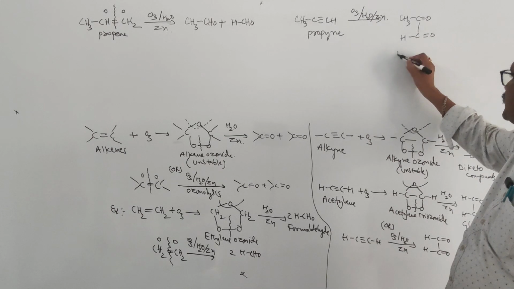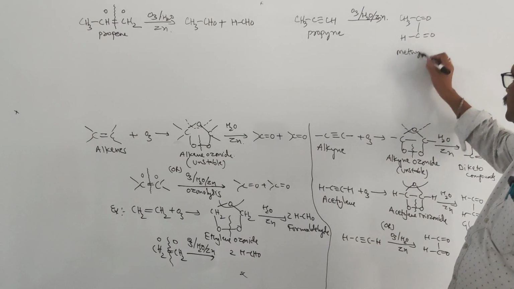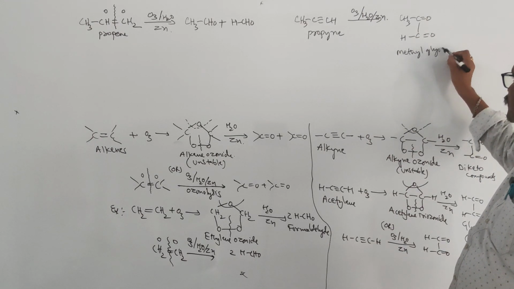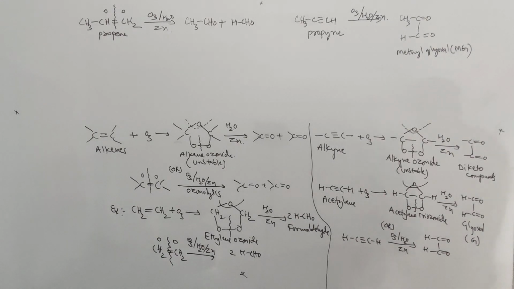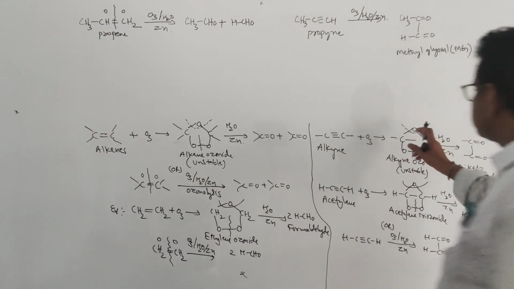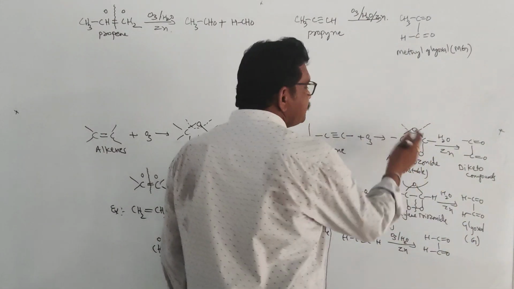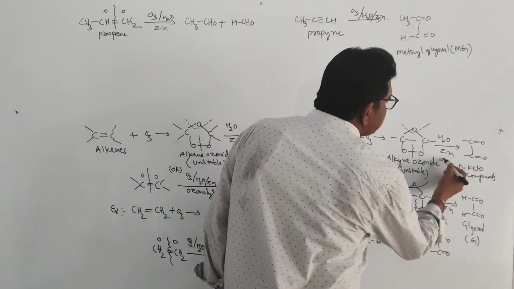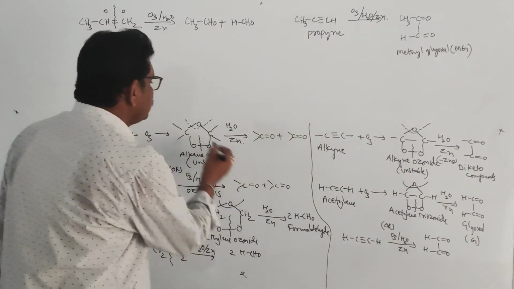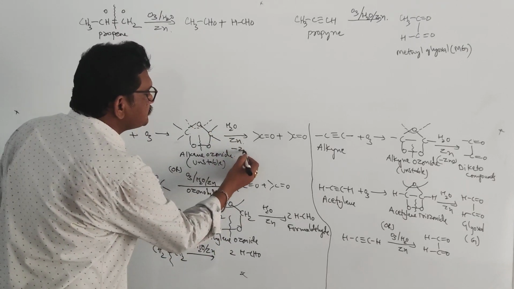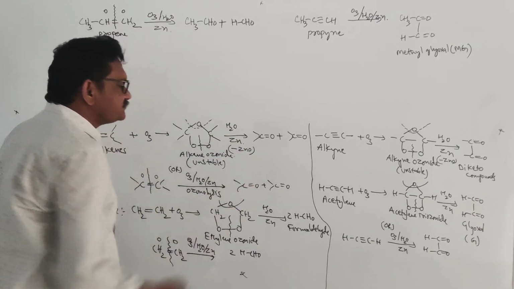This is called methyl glyoxal, shortly represented as MG. Here this oxygen is eliminated as zinc oxide, ZnO.